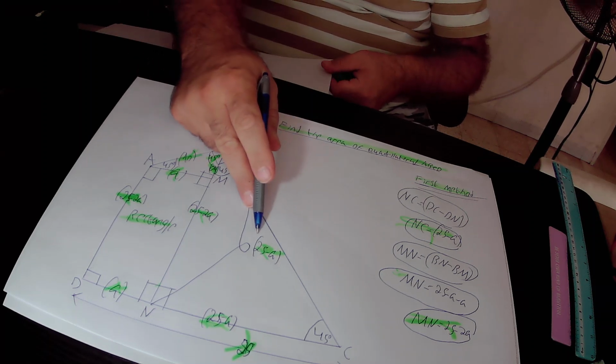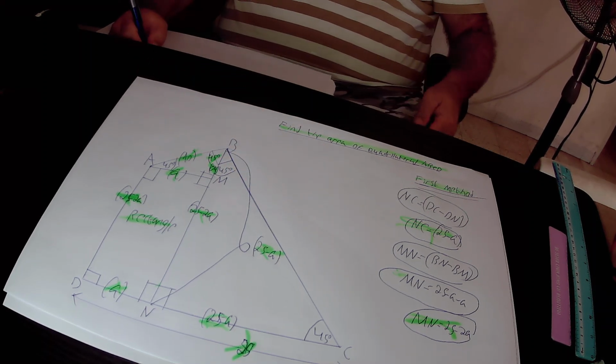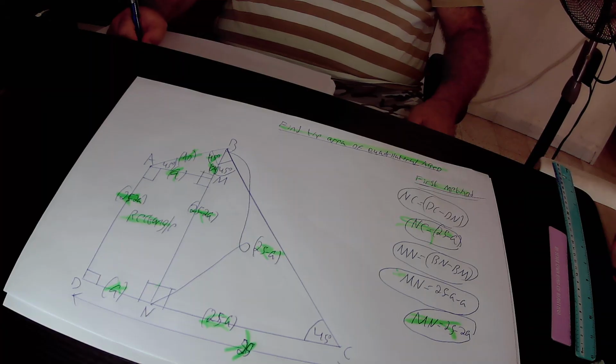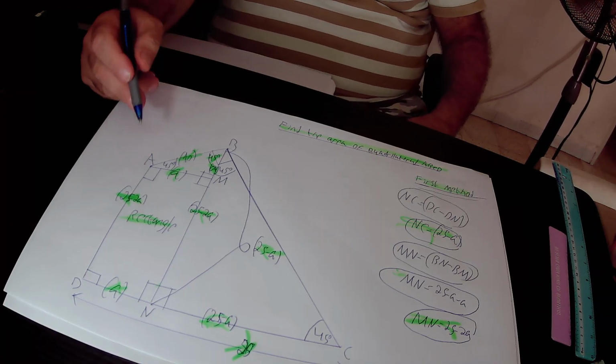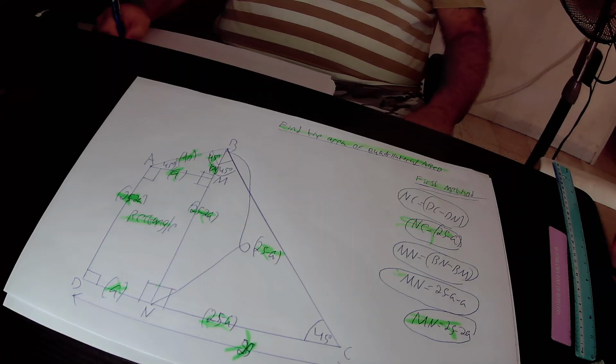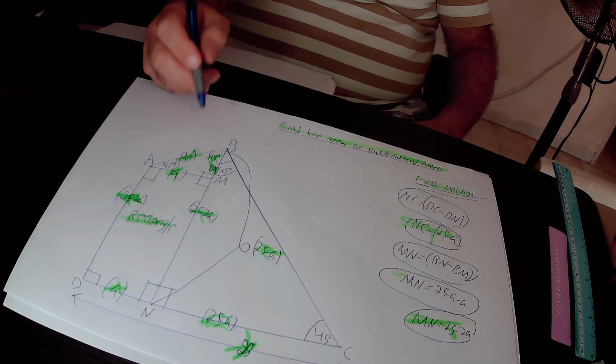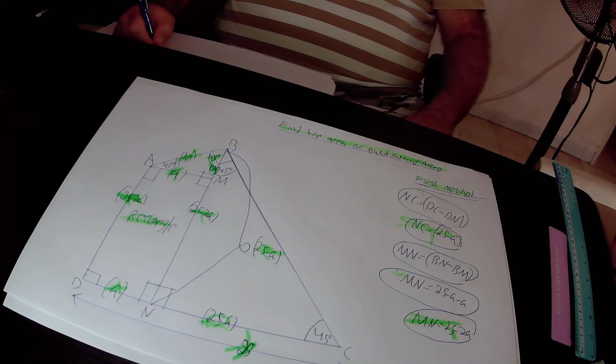BN is 25 minus A, plus AD. AD is 25 minus 2A, times the height AM. AM is A over 2.